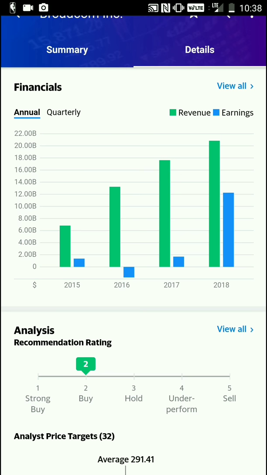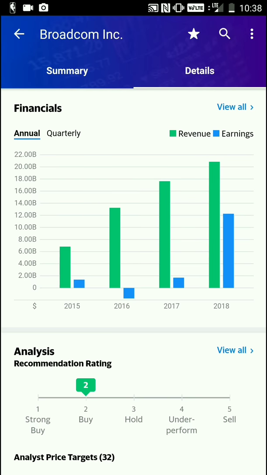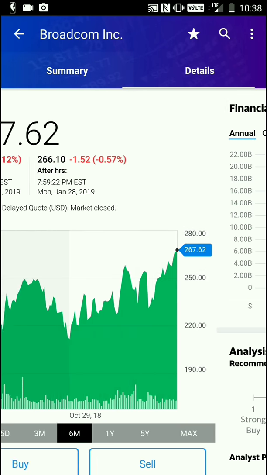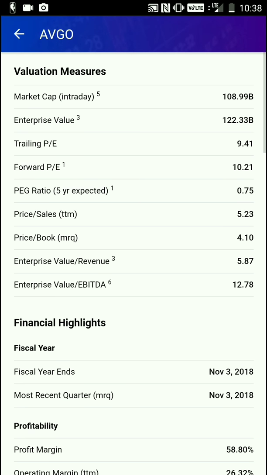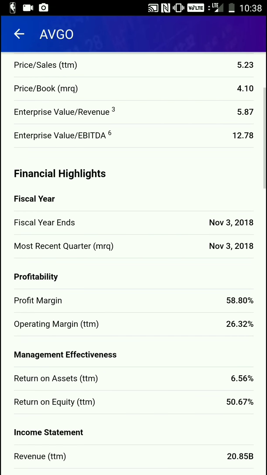What's even better about this company is their earnings. Earnings are $12 billion for 2018, which is amazing. Part of it has to do with their profit margin. If we scroll down around their profit margin, the profit margin is insanely good at 58%.